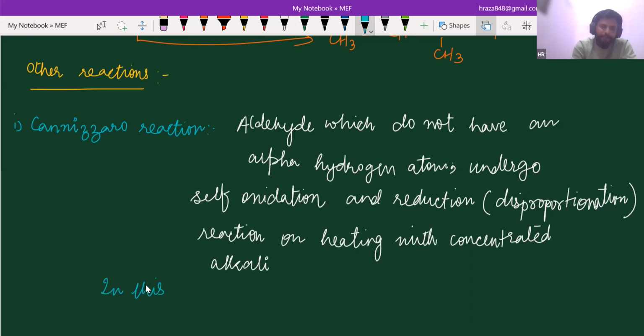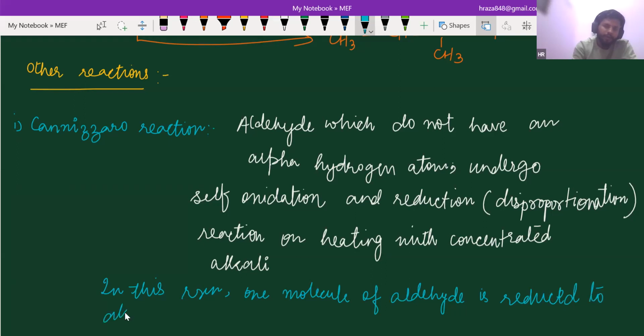In this reaction, one molecule of aldehyde is reduced to alcohol, while another is oxidized to carboxylic acid salt.